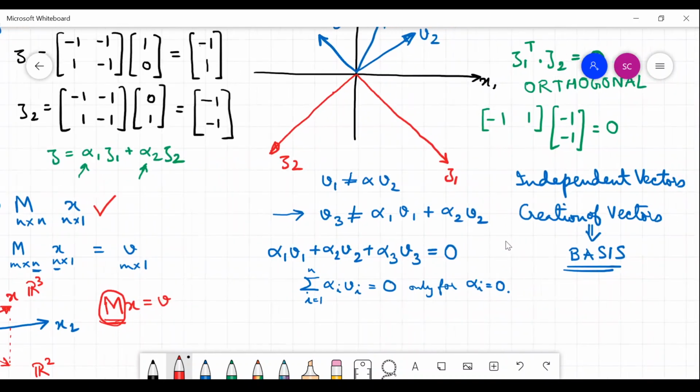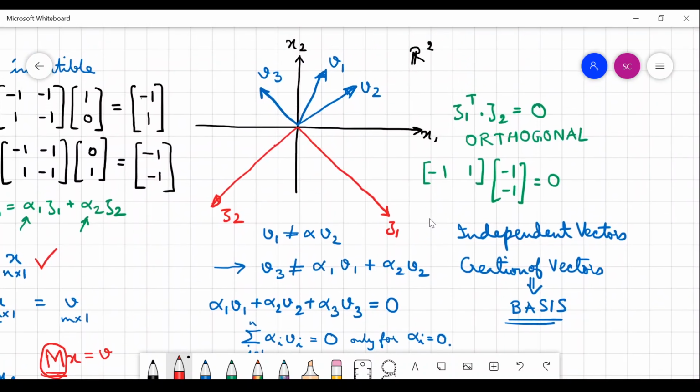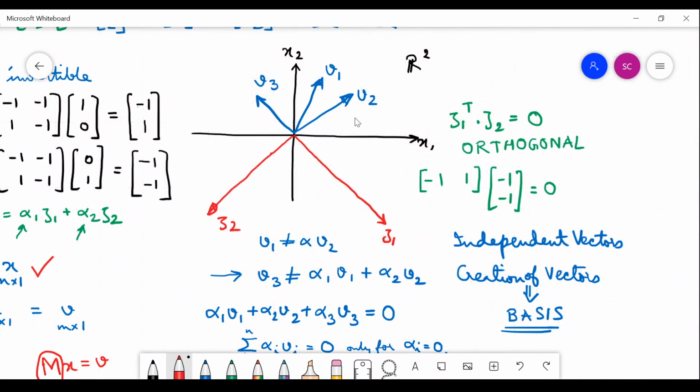And these are some understandings of how to check orthogonality and independence of vectors. Orthogonality and independence of vectors, this is the algebraic check. What is the geometrical check of orthogonality? The angle between them is 90 degrees. What is the geometrical check of independence?